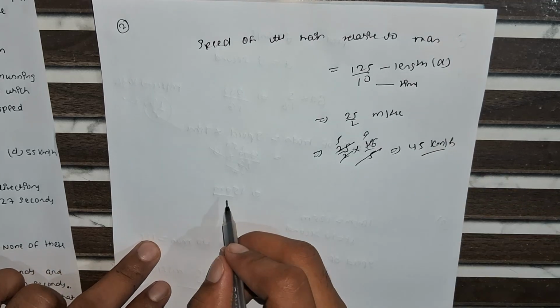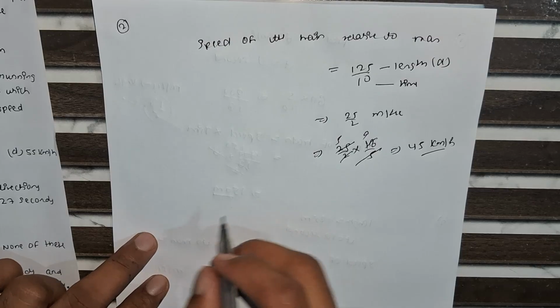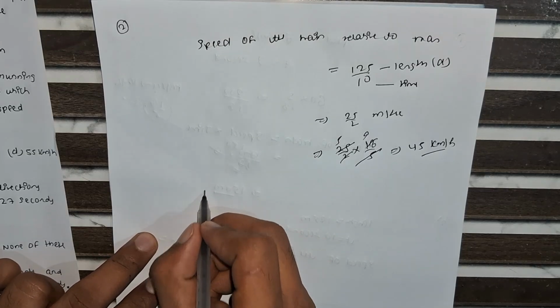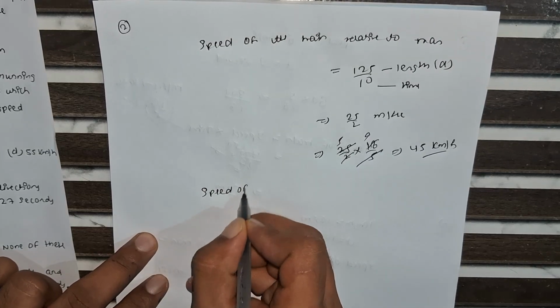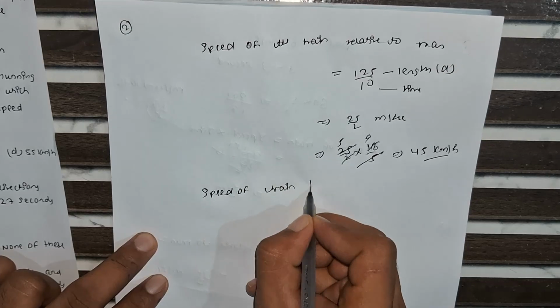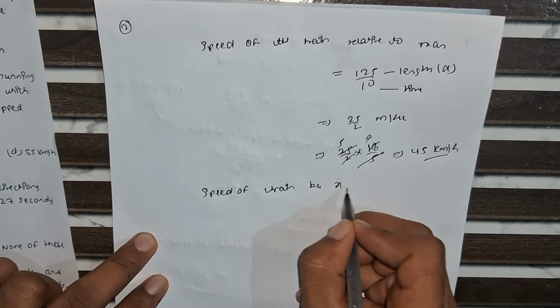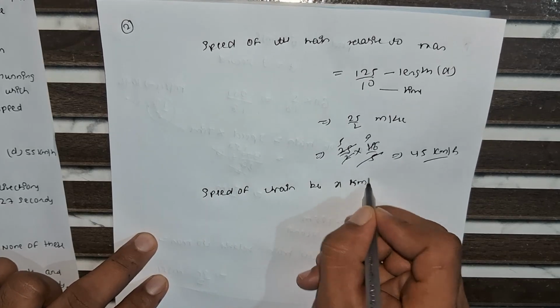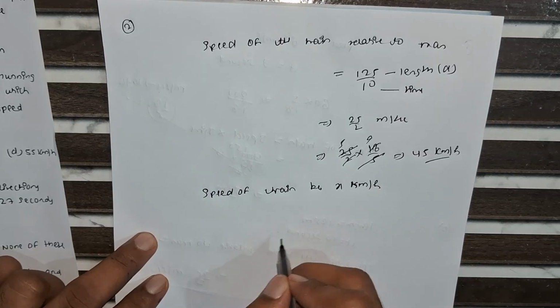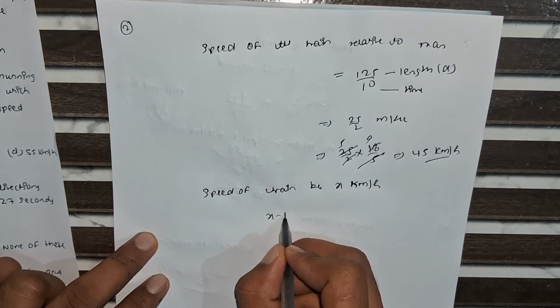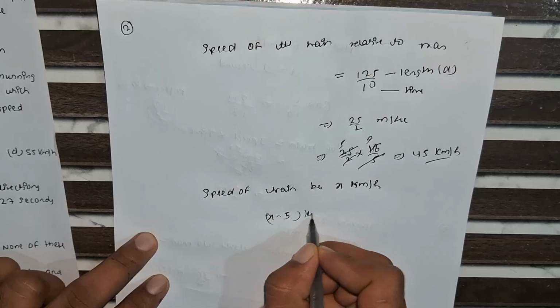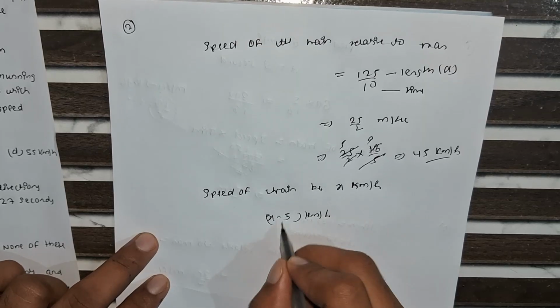Now in the question, we have to find the speed of the train. So let me consider the speed of the train to be x kilometer per hour. The relative speed is x minus 5 kilometer per hour. Why am I considering 5 here?